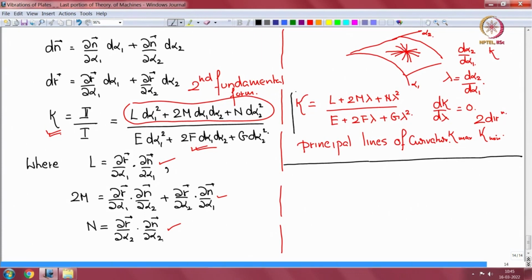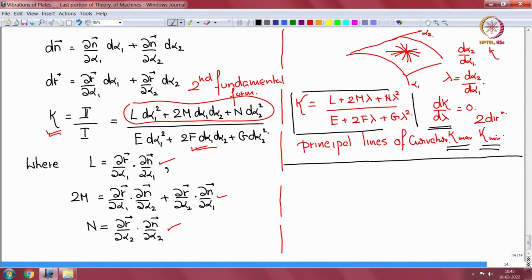It's the ratio of the second fundamental form to the first fundamental form, and we had set lambda to be a direction which is d alpha 2 by d alpha 1, and if we take a derivative of k with respect to lambda and set it to 0, it gives us two solutions. One gives k max and one gives k min, and those directions are called principal lines of curvature.